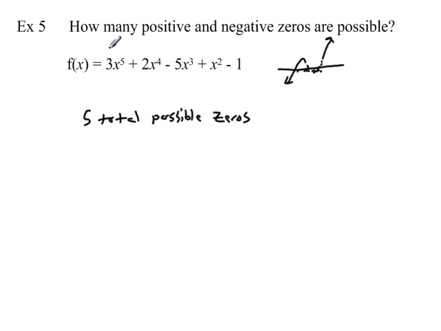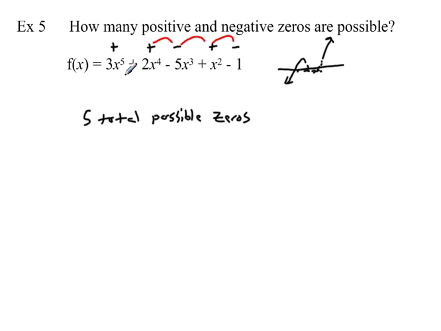So the first term here is positive, positive 3. Second term is a positive 2. Third term is a minus 5. This fourth term is a plus x squared. Last term is a minus 1. Now your sign changes occur right here is a sign change, here's a sign change, and here's a sign change.